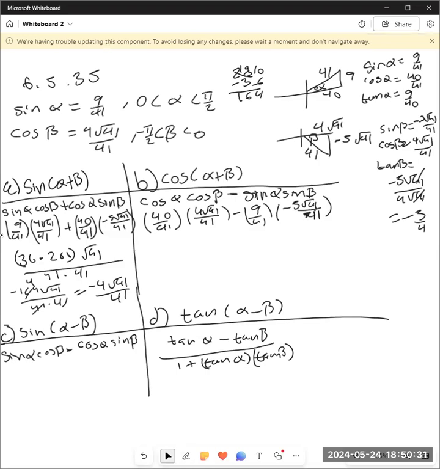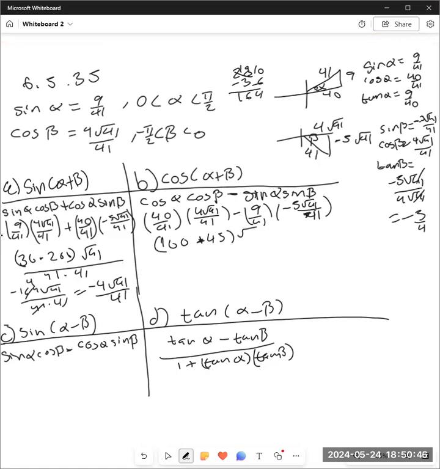And that's going to give us 160 plus 45 root 41 over 41 times 41.